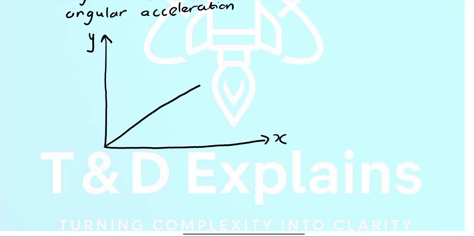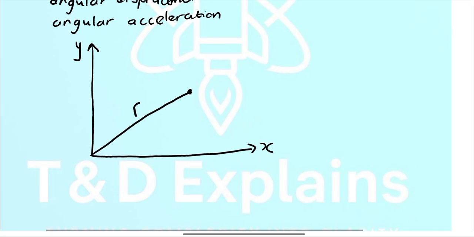So if an object is moving along a circle of radius r, we realize that the radius itself won't change. What will be changing is the angle that is referred to as the rotational coordinate, theta.